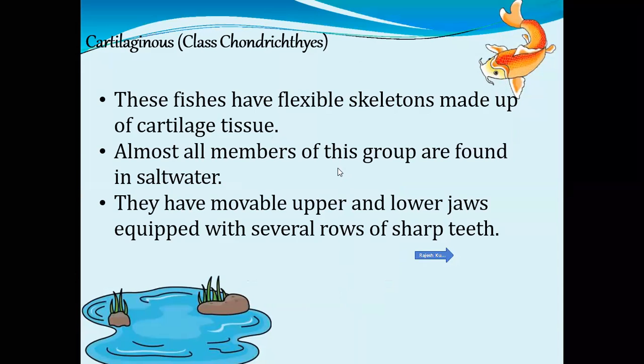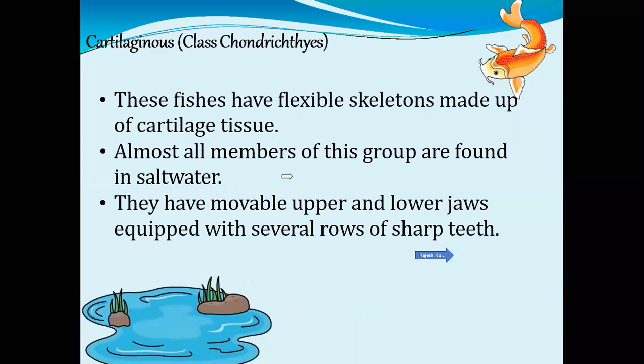Others are cartilaginous fish, that means boneless fish. These fishes have no bone, only cartilage is present. Cartilage means very soft tissue which is just like bone but not so strong.